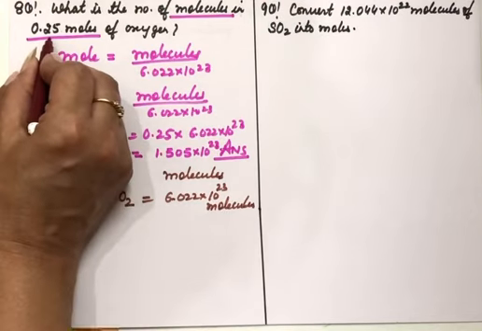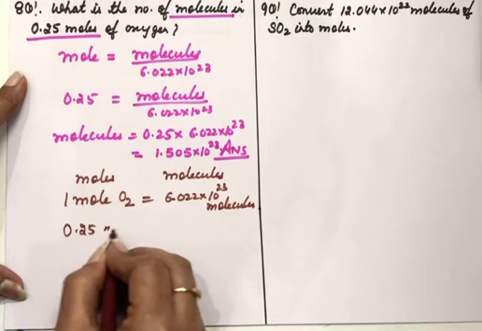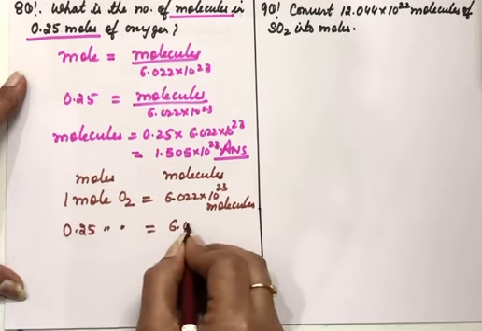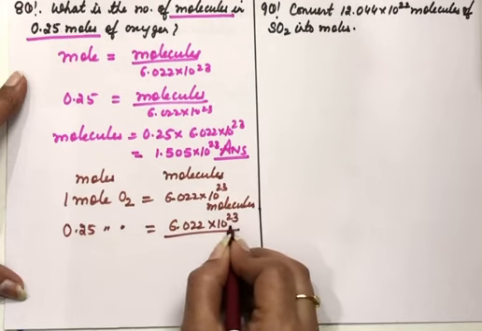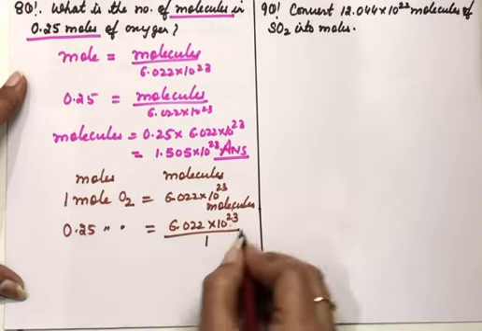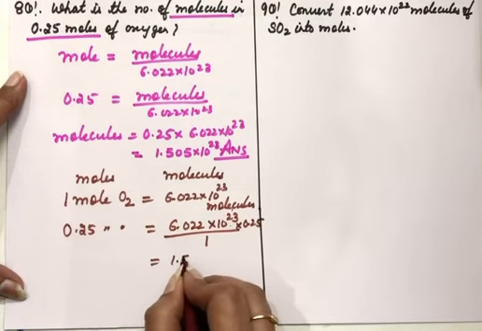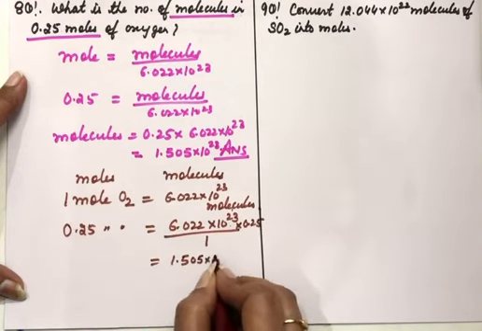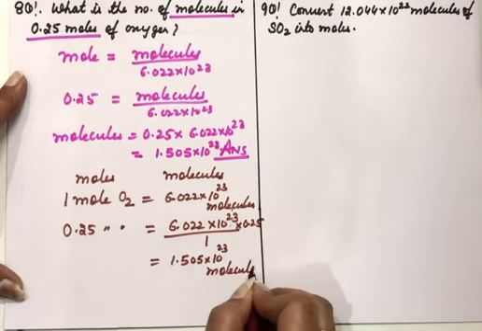And the question is, find out molecules in 0.25 mole. So if we take 0.25 mole oxygen, molecules will be 6.022 into 10 raised to power 23 upon 1 into 0.25. So this will come out to be 1.505 into 10 raised to power 23 molecules.